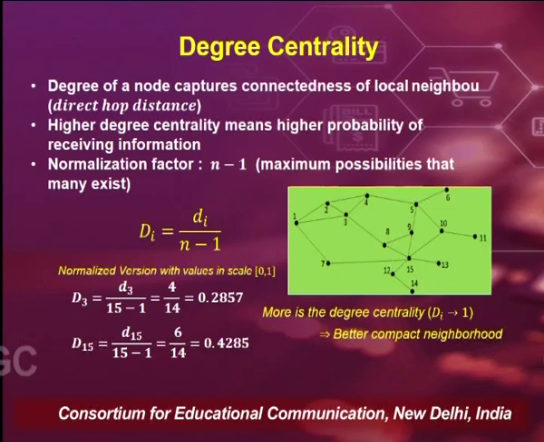Now, why is this normalization required? Normalization is required because it gives you a uniform scaling so that you can compare other centralities also on the same platform. The next one is closeness centrality.